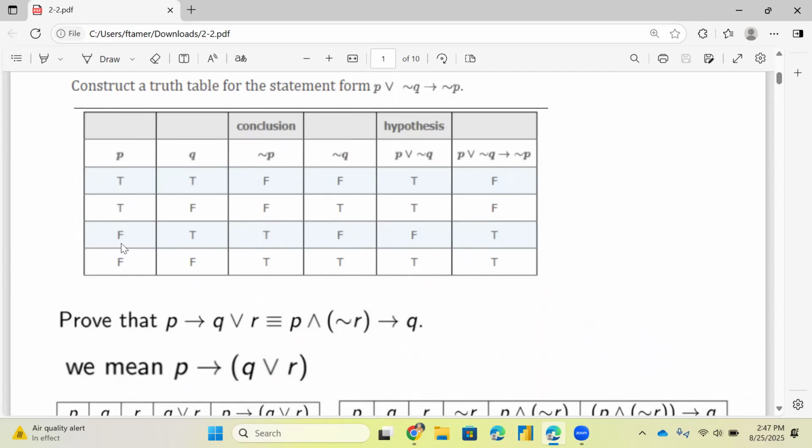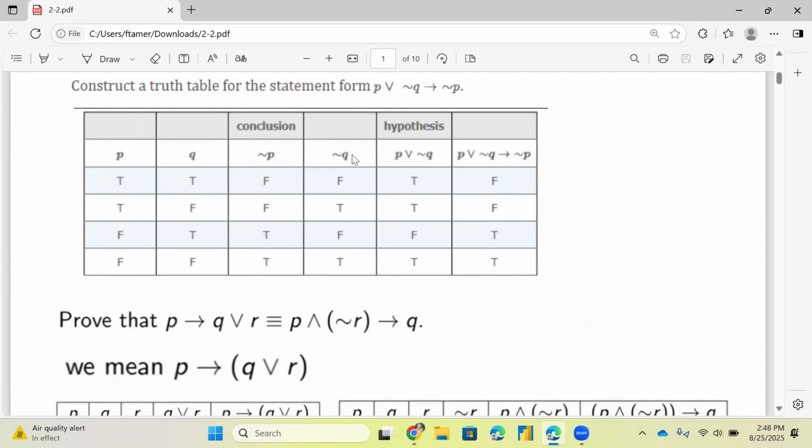So here is the P and here is the Q. First, we're going to find the truth table for P or not Q. So this is my P. First of all, I need to get not Q. This is Q, so not Q will be just the opposite of these trues and falses. So this is my not Q, and this is my P, and we want to OR the P and not Q.